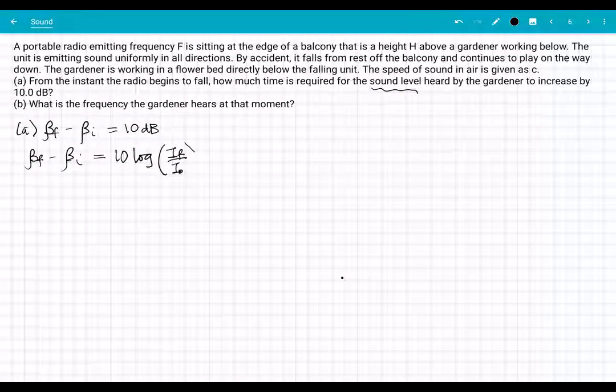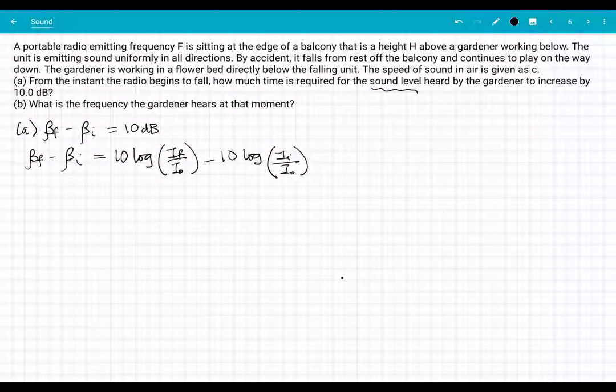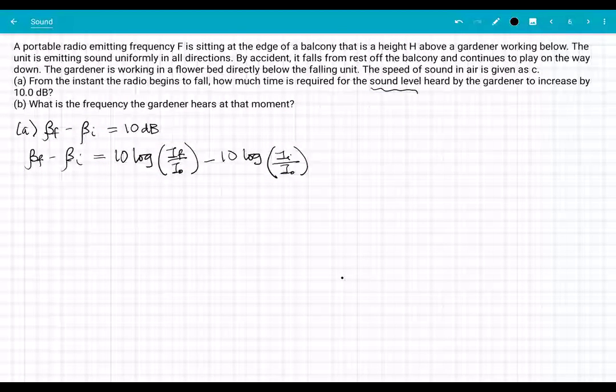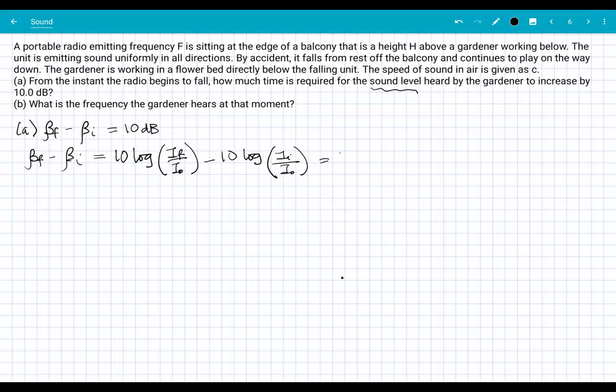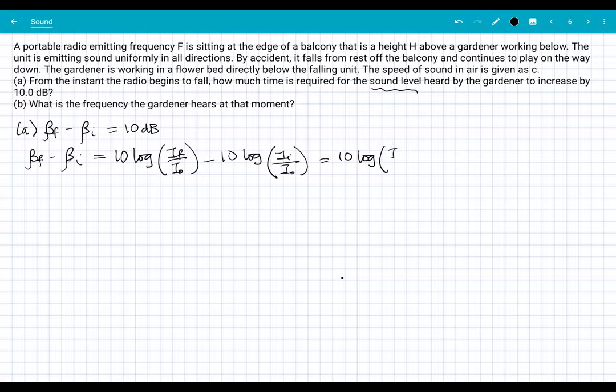This is just my equation for relating sound level and intensity. And as I said, it's on a logarithmic scale. And if you haven't yet reviewed your log rules, be sure you do that. That's handy for this chapter. This can simplify to 10 log I final over I initial.